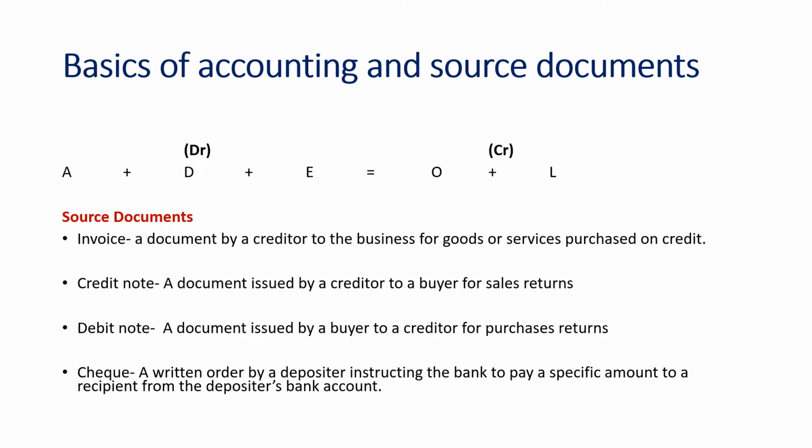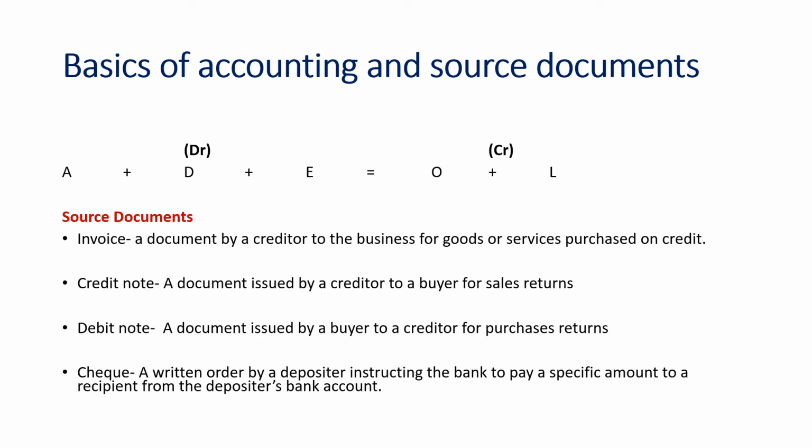This simply means that if the farmer that you buy goods to sell from gives you a credit note, it means you as the business are returning goods to him. Maybe the goods are faulty or something like that. So the farmer will give you a credit note for the sales returns because you are returning the sales to him.